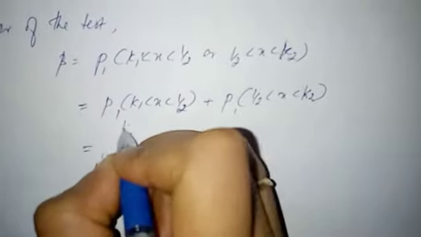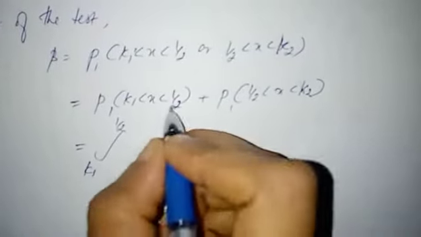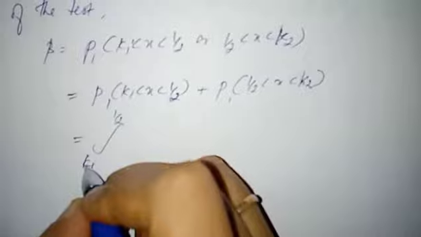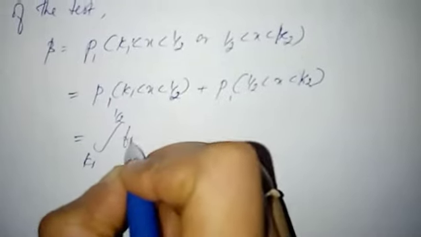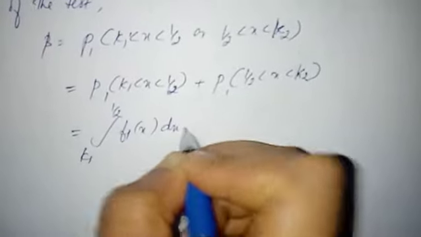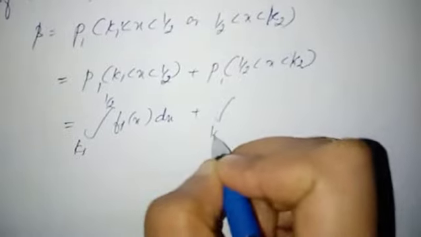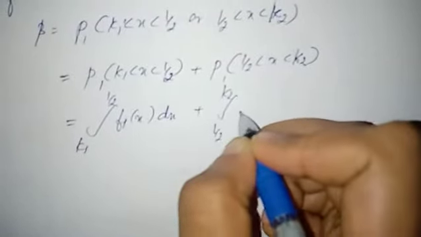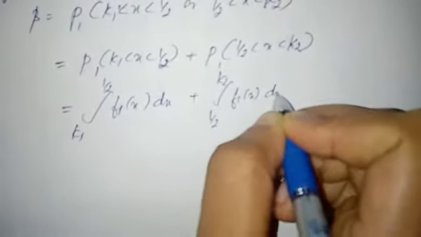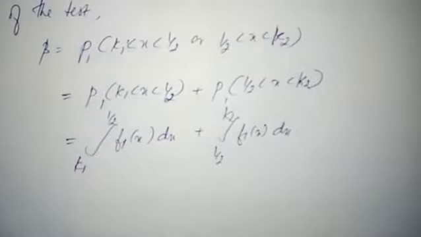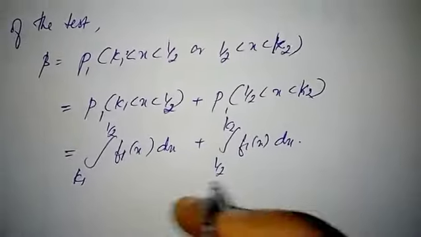Then it's equal to, you can write, integral over k1 to 1 by 2, and what is the density? f1 of x dx, plus integral over 1 by 2 to k2 of f1 of x dx, right? Power under h1, right?